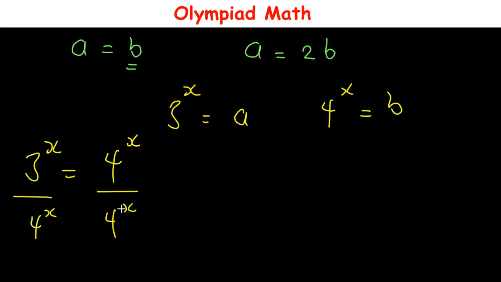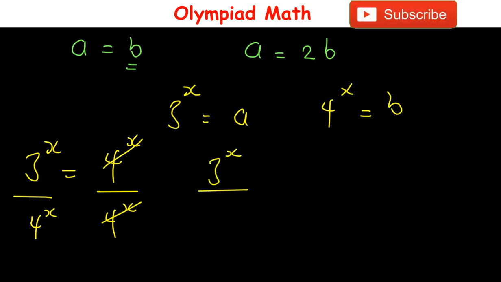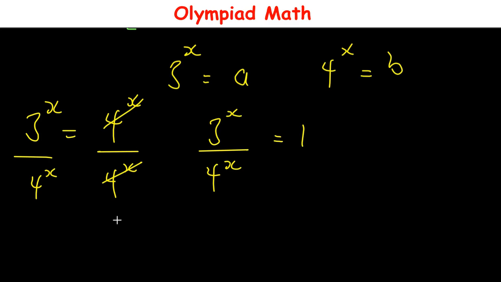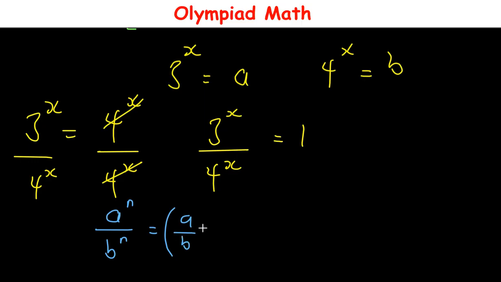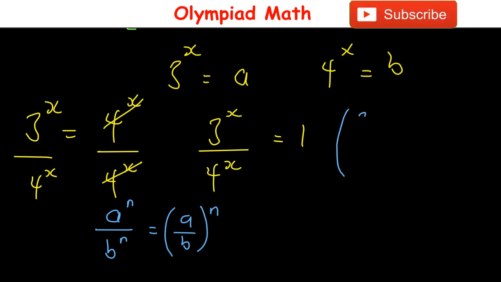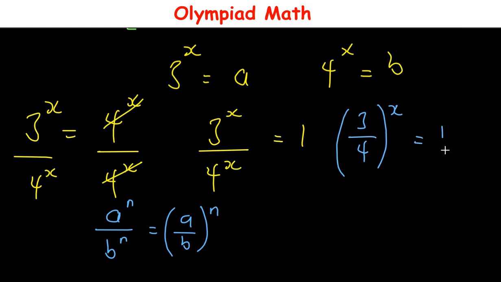We have 3 raised to power x over 4 raised to power x, and this equals 1. So applying this rule of indices, that a raised to power n over b raised to power n equals in brackets a over b all raised to power n, this then becomes in brackets 3 over 4 all raised to power x, and this equals 1.